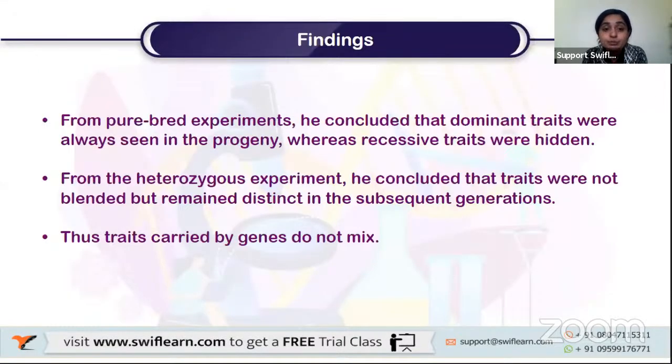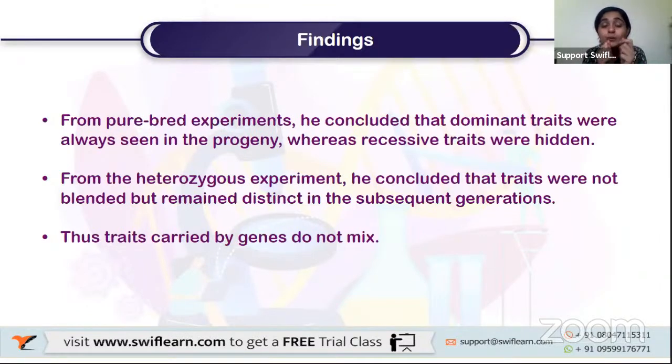So, from pure breed experiment, he concluded that the dominant traits were always seen in the progeny, right? Right now, we just saw an experiment or matrix where it was quite evident that until and unless there is no dominant trait over there, only then will they pick up the recessive.